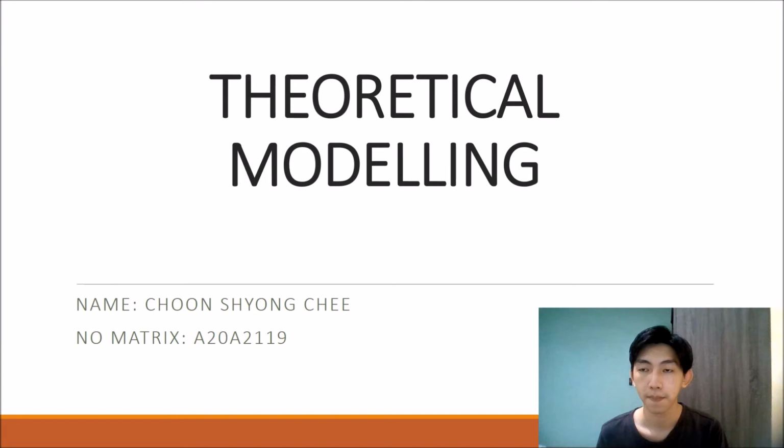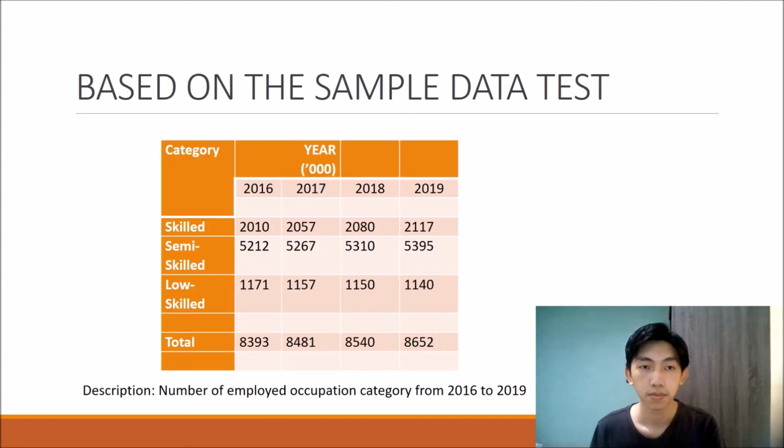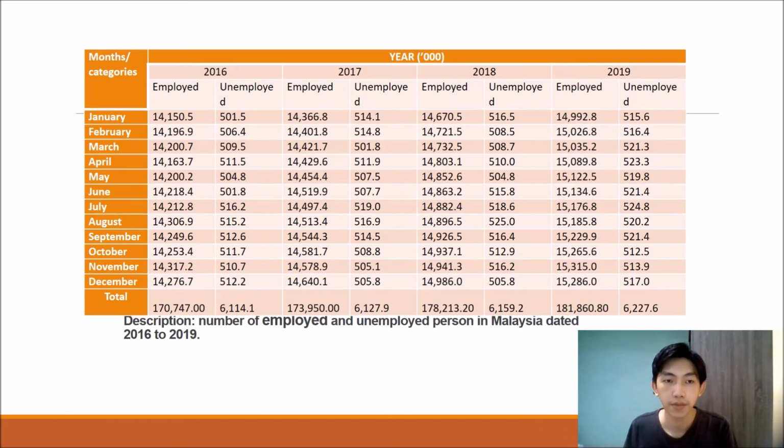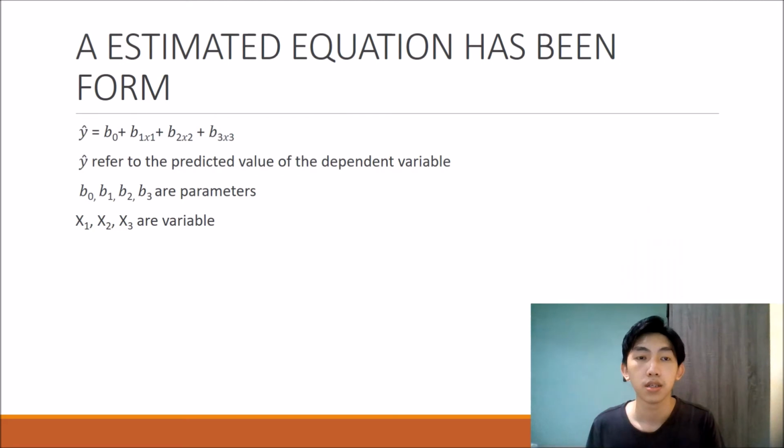Hi, my name is Junxiong Ji and my matrix number is A20A2119. I will talk about theoretical modeling. Based on the sample data of the number of employed by occupation category from 2016 to 2019, and the number of employed and unemployed persons in Malaysia from 2016 to 2019, the main equation has been formed: y equals b0 plus b1x1 plus b2x2 plus b3x3.